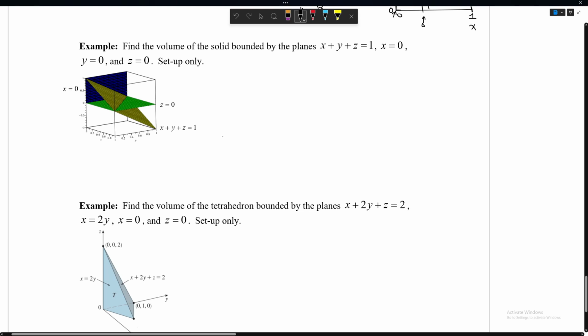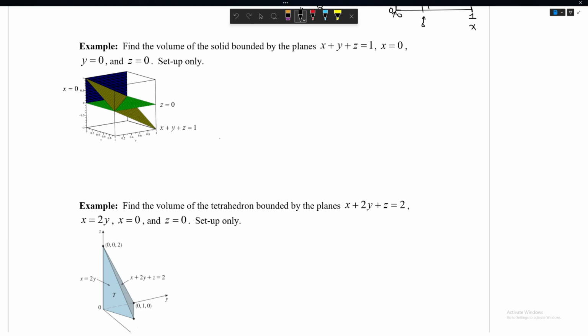And now it says find the volume of the solid bounded by planes x equals 0, y equals 0, and z equals 0. Like I said, always, if we're looking for solid volume, draw your x's and y's. Okay, so for z, obviously we want z equals something, because that's your f of x, so you gotta isolate for z.